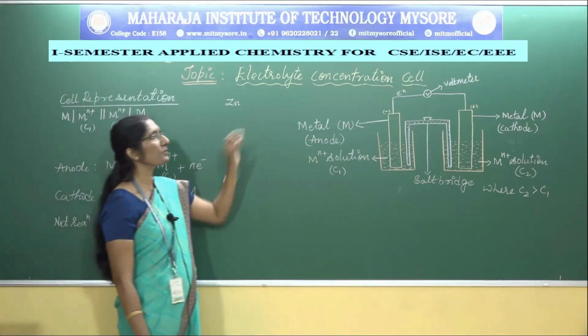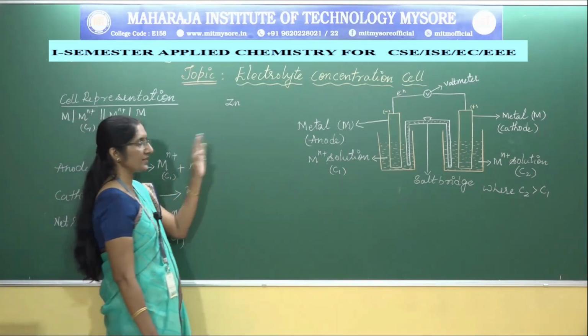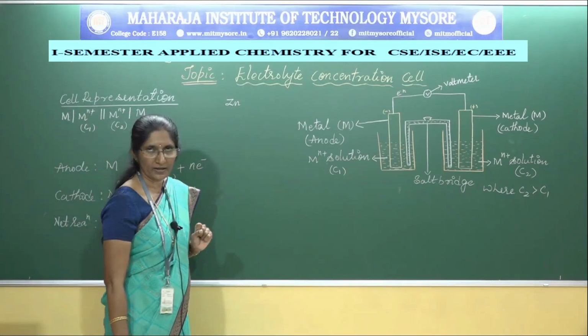Then how is the EMF of an electrolyte concentration cell calculated? What is the general representation for the EMF of a galvanic cell?